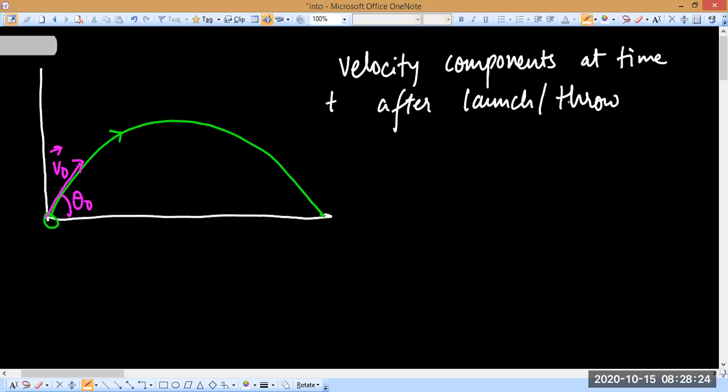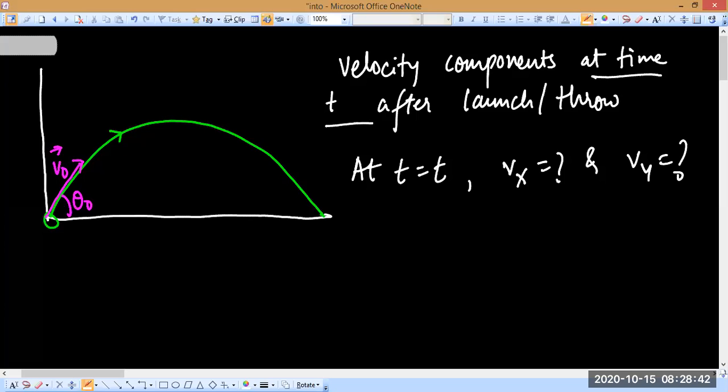Basically I'm asking: after time t, when time is equal to t, what will be Vx and what will be Vy? I'm not writing V0 now. Why am I writing Vx? Because we are talking about time t, not the initial moment. I hope that is clear.